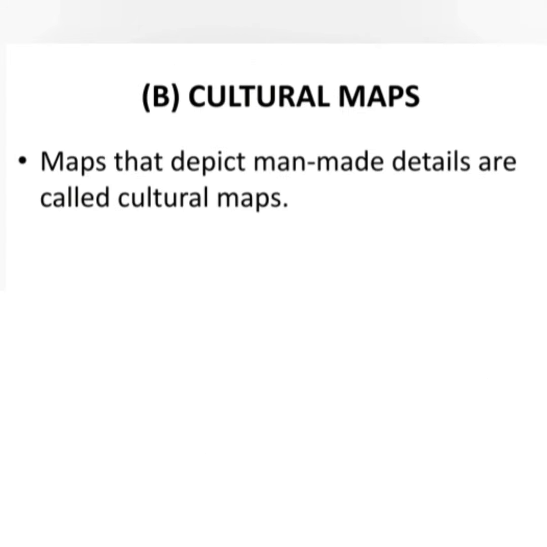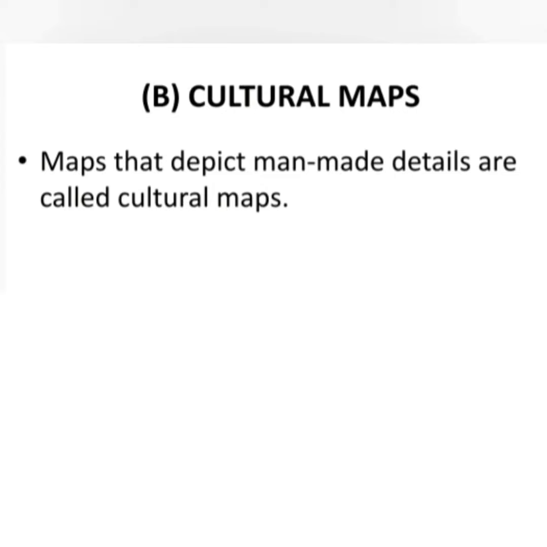Students, now let's understand the second type of purpose-based maps. The second type of purpose-based maps is cultural maps. Students, maps that depict man-made details are called cultural maps.